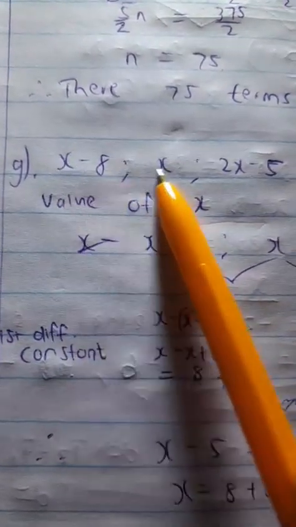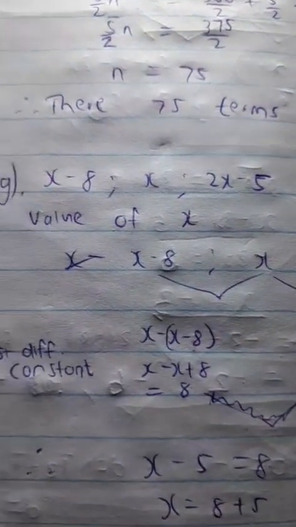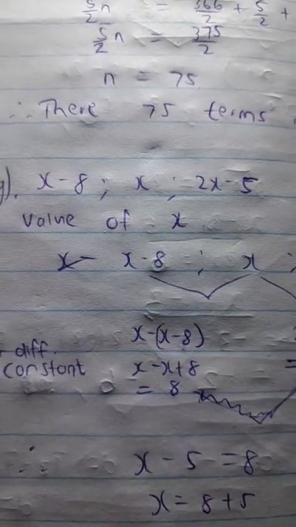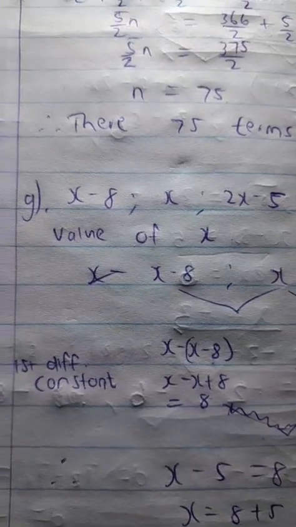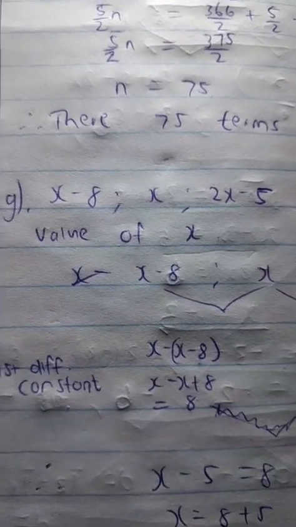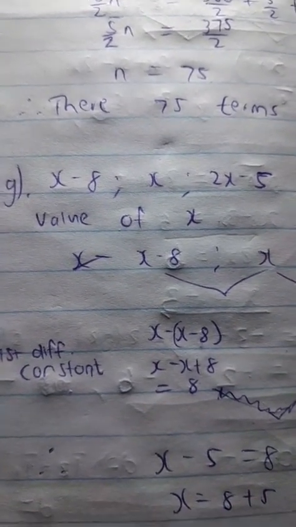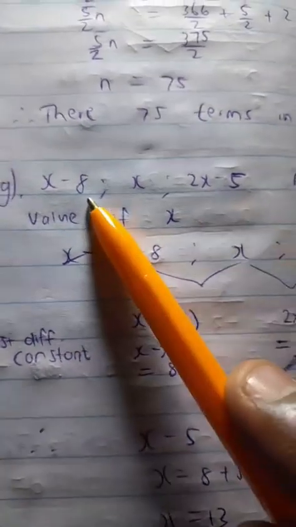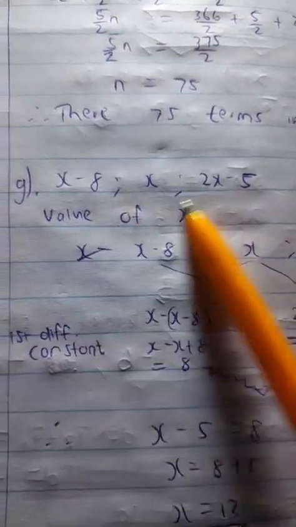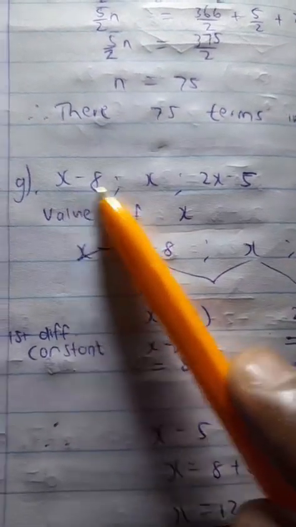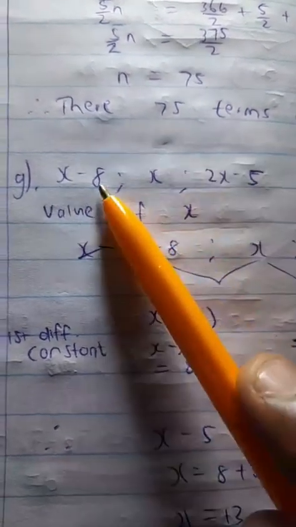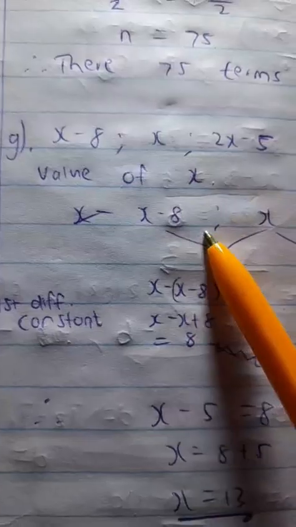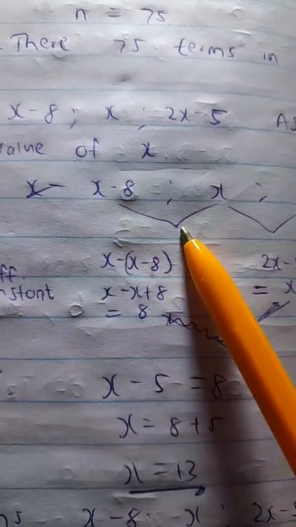Remember, the minute they tell you that this is an arithmetic sequence, what do we know is the nature of an arithmetic sequence? An arithmetic sequence has a constant first difference. So when we are calculating the value of x, where the terms are arithmetic, we find the first difference.